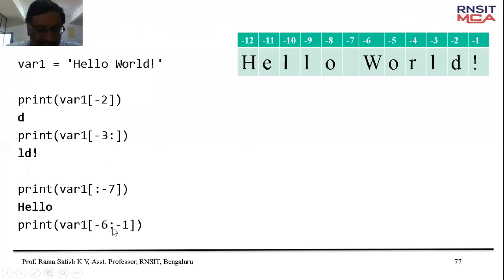Look here, minus 6 to minus 1. Minus 1 is nothing but up to this, not including this. Minus 1 should not be included, just World, with the W capital. Correct. Most of you are right. World. Exactly. You're doing fantastic.